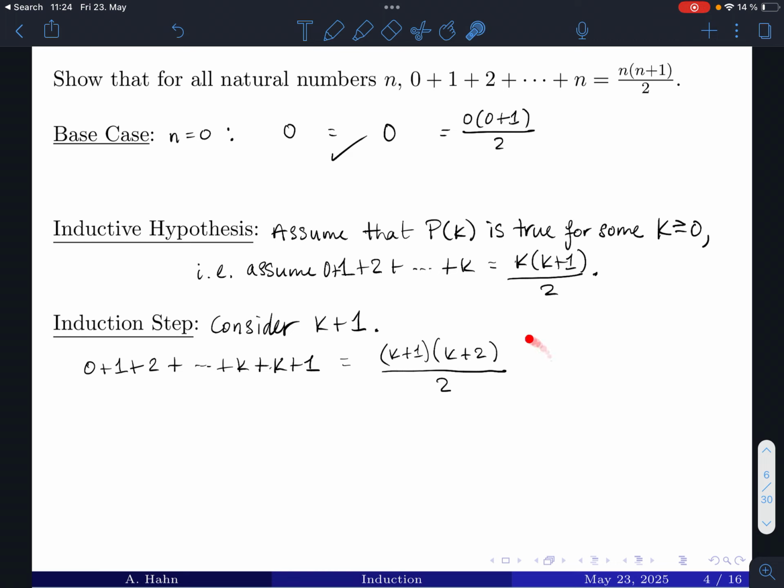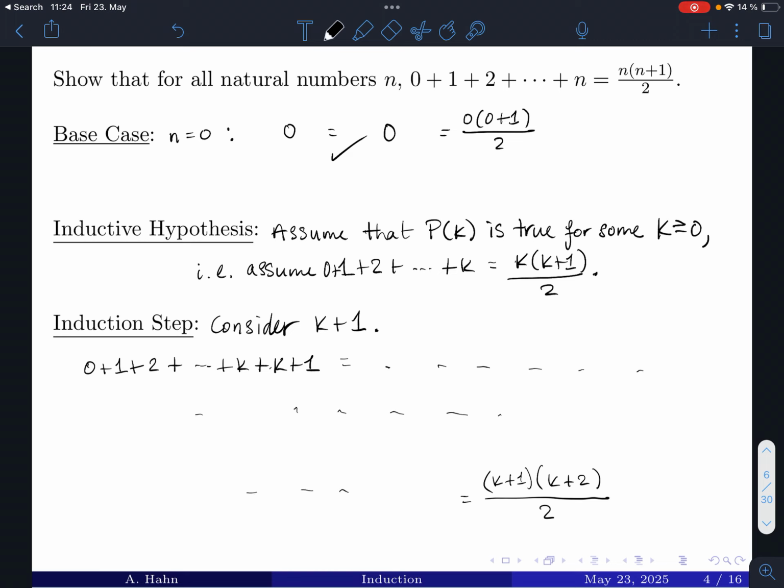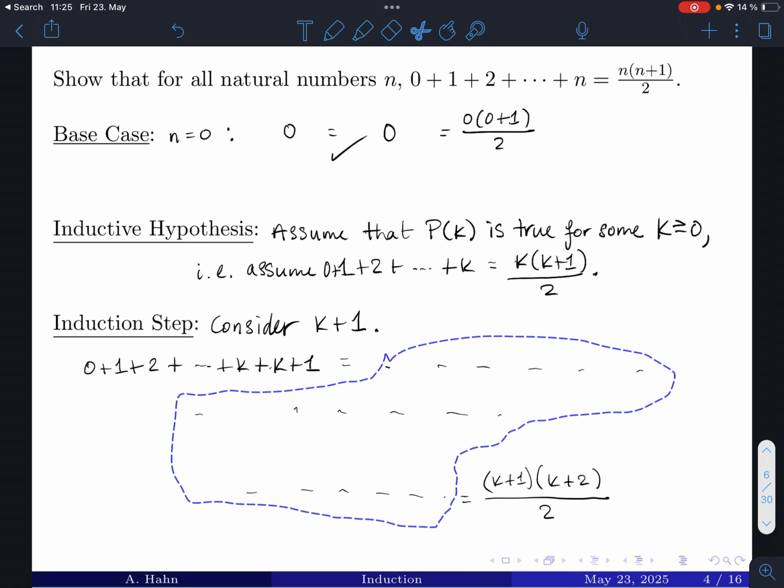This is not a true statement; we haven't proven it yet. So we're going to move this off to the side and eventually end up there. We want this to be equal eventually, and what we need to do is fill in the steps that get us there. So let's talk about how to fill in the steps.